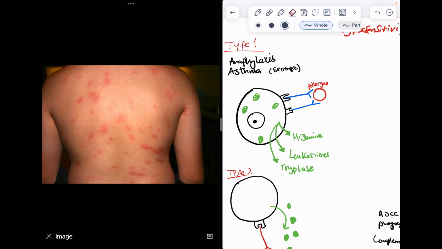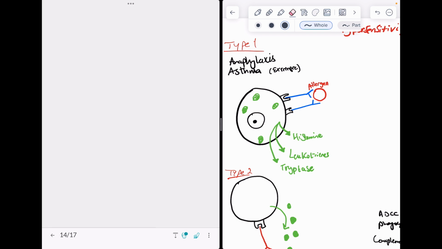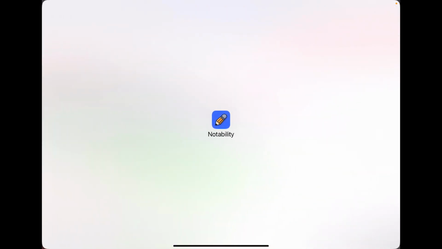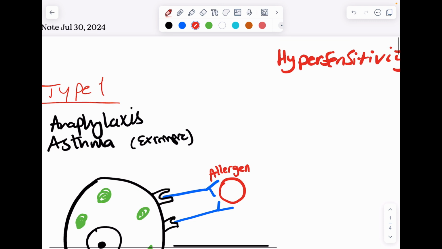Type 1 hypersensitivity involves an allergen or an antigen that you've been previously exposed to. It's very important to note that you must have been previously exposed to this antigen. Means your body knows it. Once the body is exposed to an antigen, the CD4 positive T cells recognize it on antigen presenting cells.